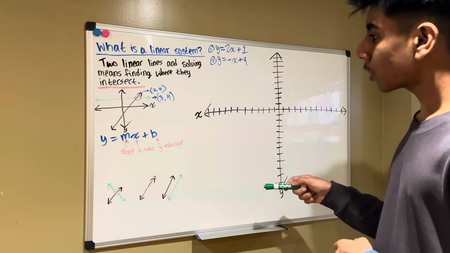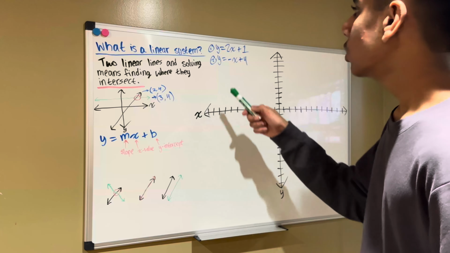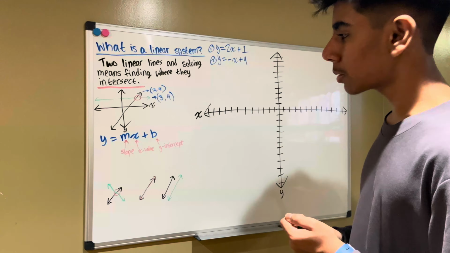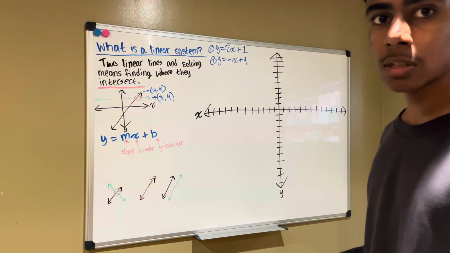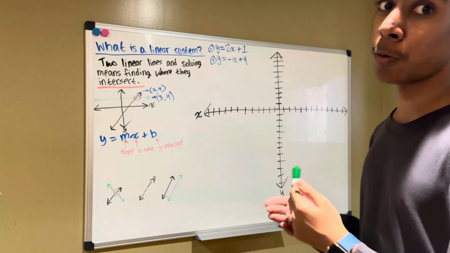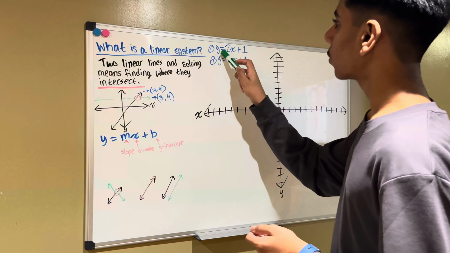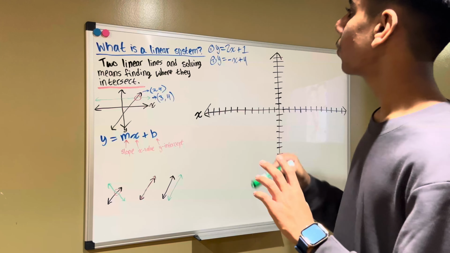So let's now get into a practice example. We have y equals 2x plus 1 and y equals negative x plus 4. To solve by graphing, we graph both these equations and see where they intersect, or if they don't. Let's first graph y equals 2x plus 1.